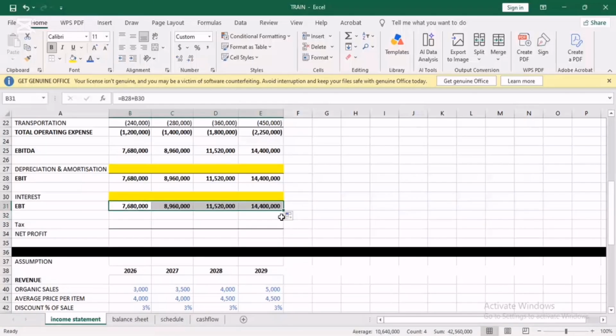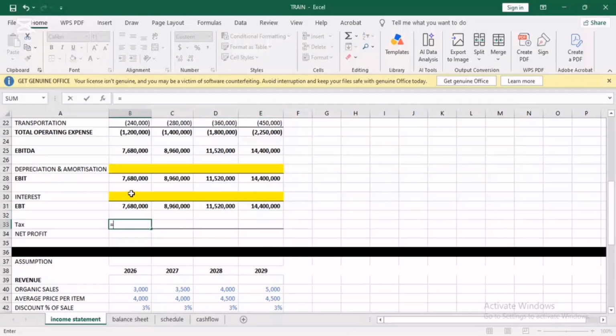So that's that. So for the tax, we still determine our taxes. So taxes is 20% of this. I think we have to do it right away. So we hit right up this place, hit equal to, then hit EBIT, right? So let's see 20% of the EBIT. Let's put up multiplication right here, take away this negative pop-up.